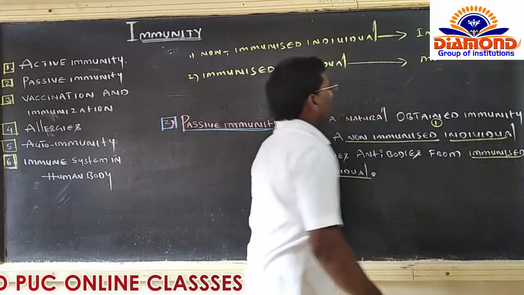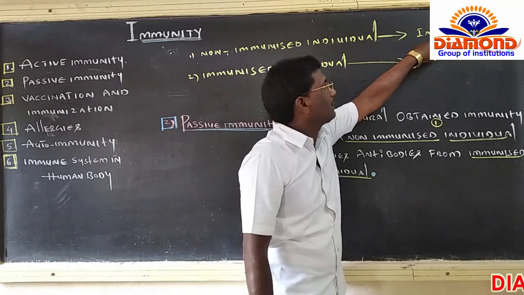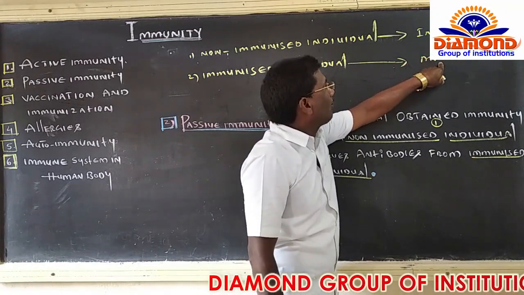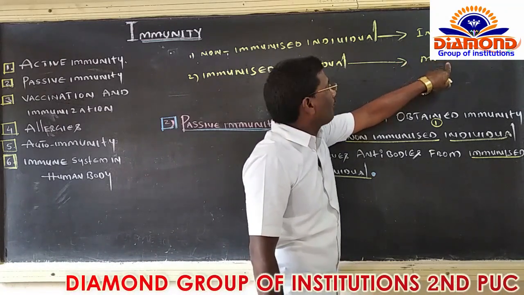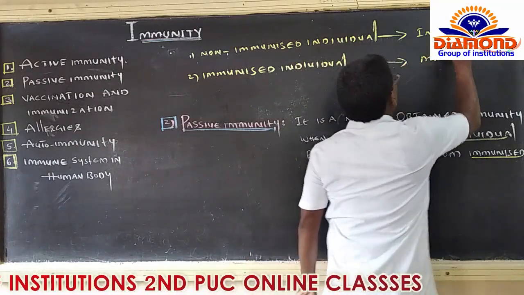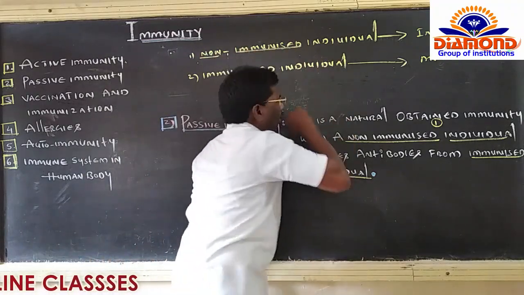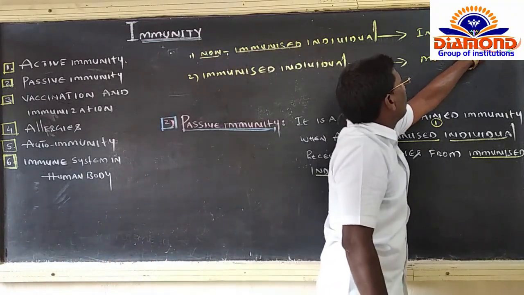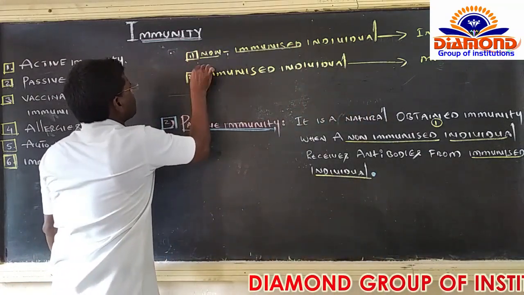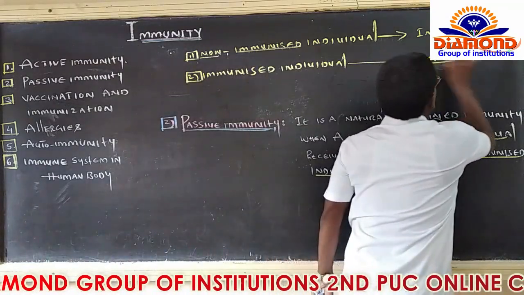So when the baby is inside the mother's womb in the form of a fetus, the fetus can get antibodies from the mother's body to the fetus's body. That is the meaning of non-immunized and immunized. Non-immunized individual means baby, and immunized individual means mother.